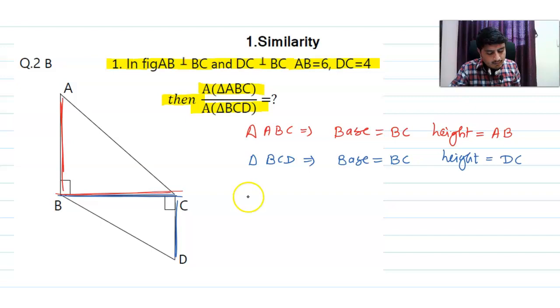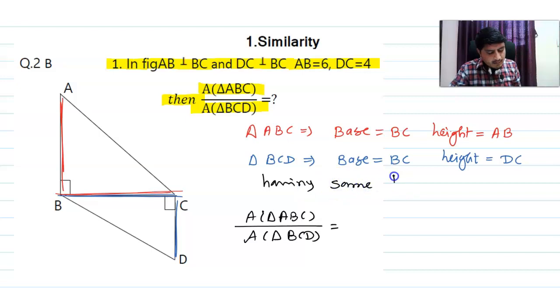Now we have to evaluate the ratio of area of triangle ABC to that of triangle BCD. Once the two triangles have the same base, the ratio of their areas equals the ratio of their corresponding heights.